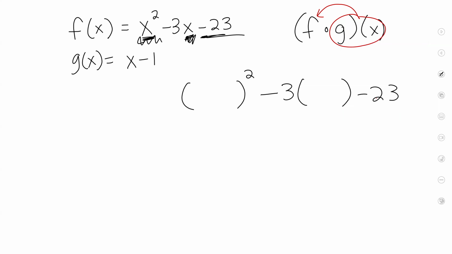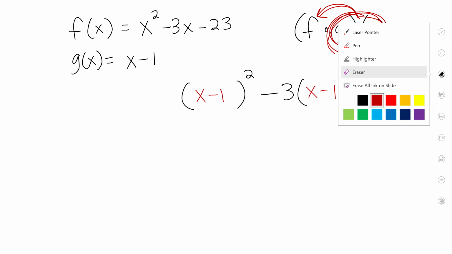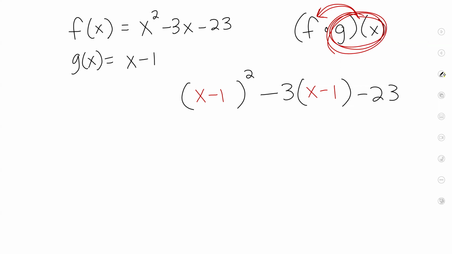Now, I'm going to put g inside of f. So that will go here, and it will go in the other parentheses, x minus 1. So we have put g inside of f. Now remember, whenever I have a squared, what do I write?